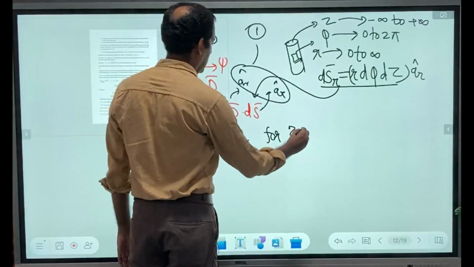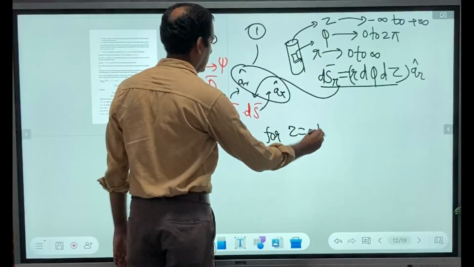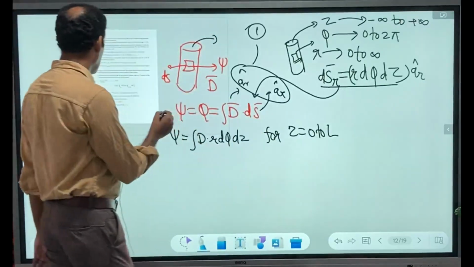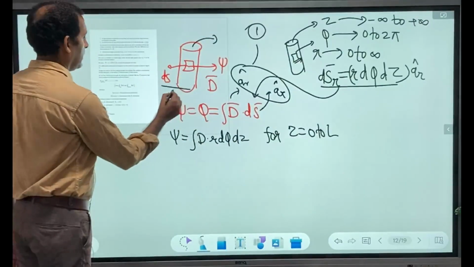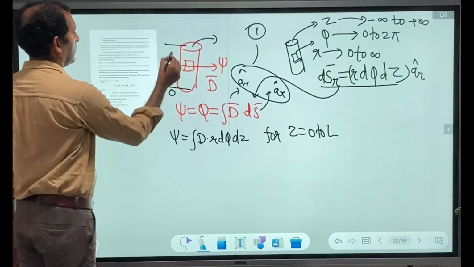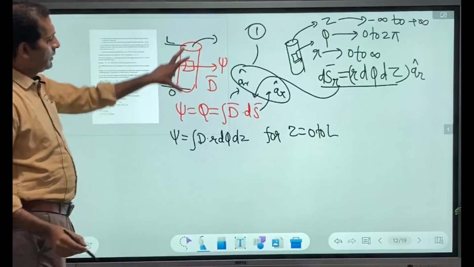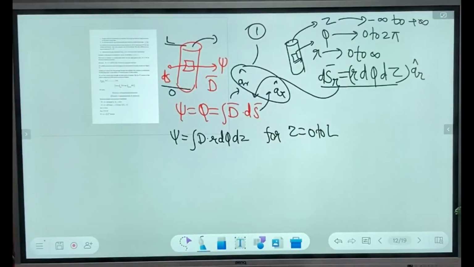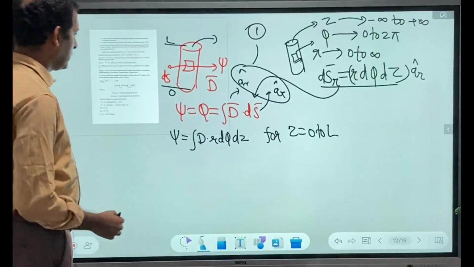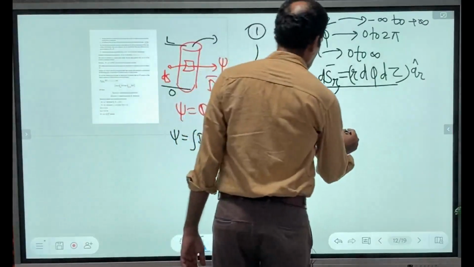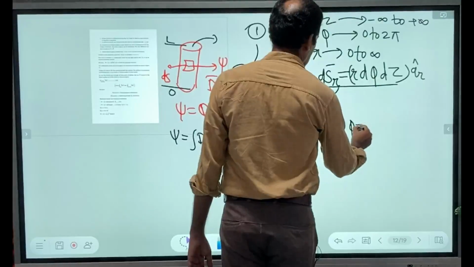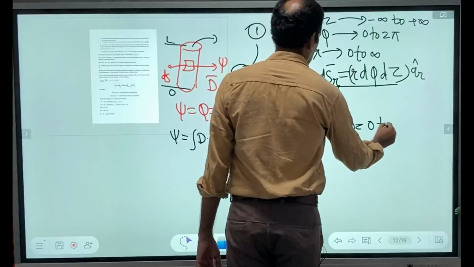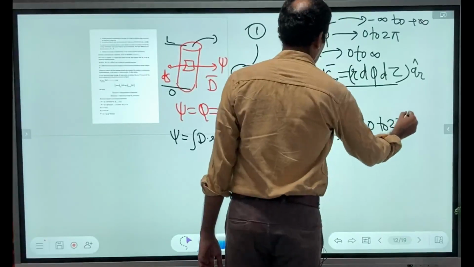So for z, we'll take the height of the conductor from 0 to L. And of course angle phi is a complete rotation, 0 to 2 pi.